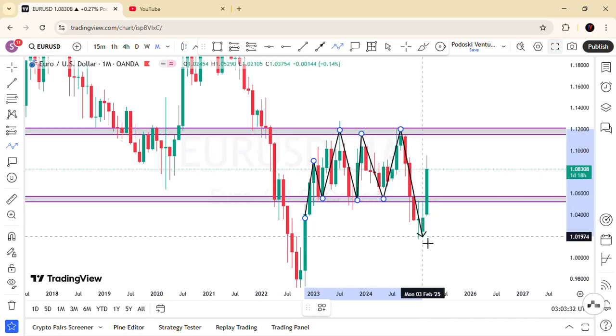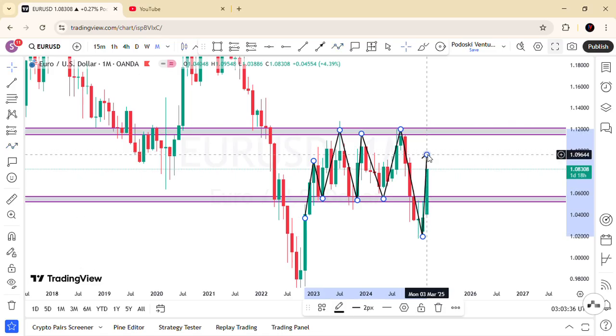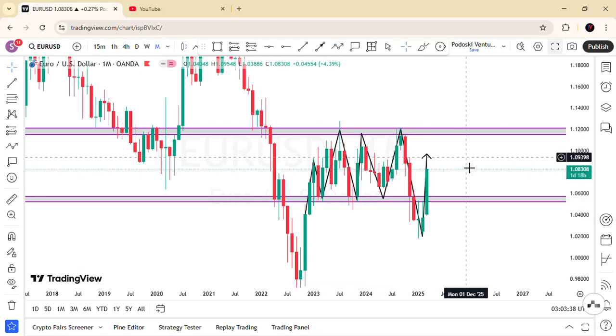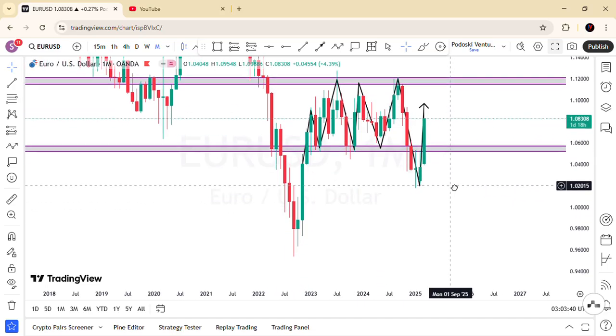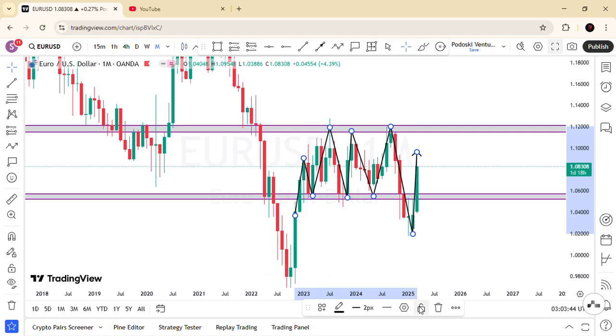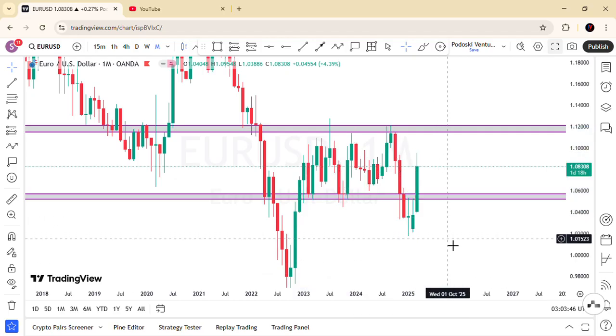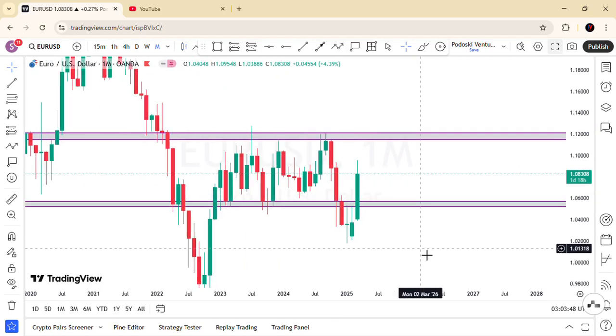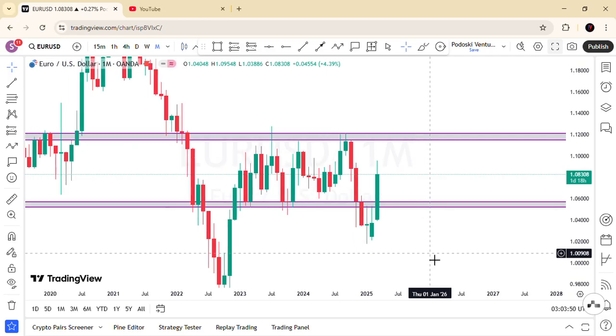And even though we tried to break, the sellers weren't strong enough to push the price continuously down. So buyers took over like they've always been doing. So on EURUSD, we are still looking for buying opportunities.